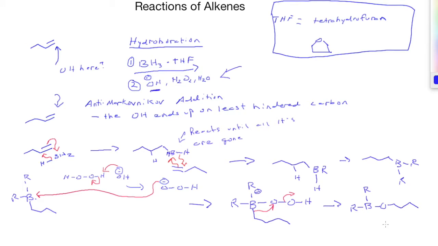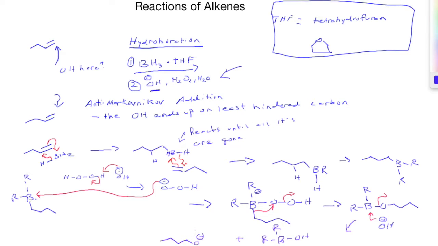Okay, this guy. And now our OH minus that we have in solution right here can come in and remove this, which forces this guy to be kicked out. And so just draw a down arrow here. And so now what we have is this OH, R, R, plus our O minus.